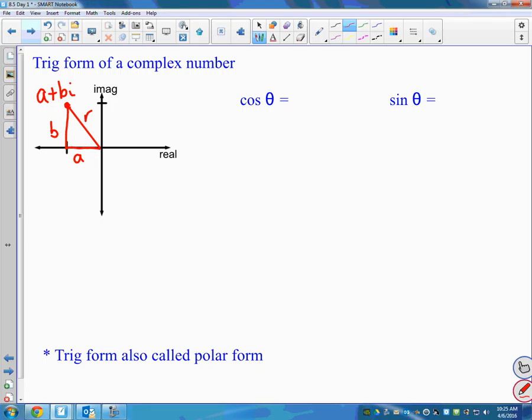Technically the angle is measured from 0 over, but remember that whole idea of reference angle? I can call that theta, and we use that reference angle.